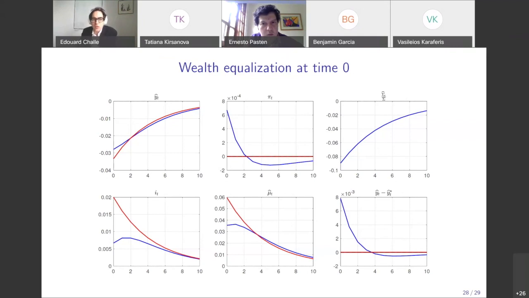Okay, so what's happening here? So here in red, you have the optimal path of all variables in the RANK model, the optimal policy that you would implement in RANK. Well, in RANK, because there is no departure from divine coincidence, you want flat inflation and a flat output gap here.